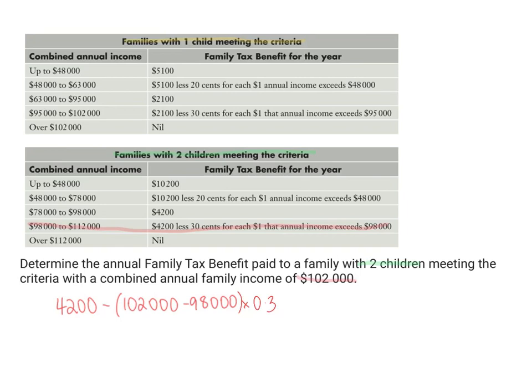So in calculating that, that gives us $3,000. So this family would get the tax benefit of $3,000 for the year. So the challenge with these questions is to make sure you choose the right row depending on the correct situation and then calculate it appropriately.